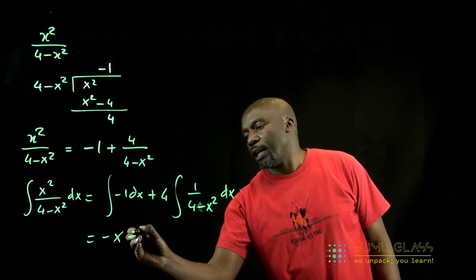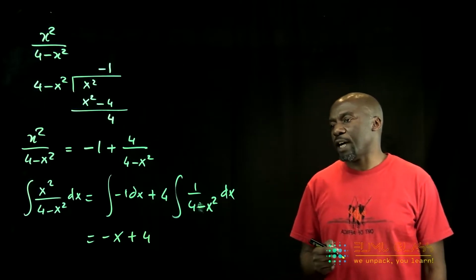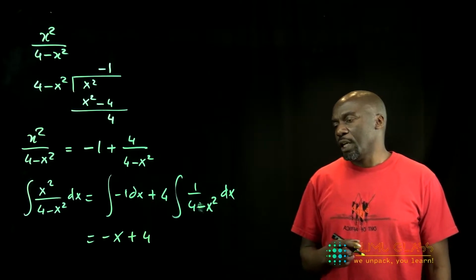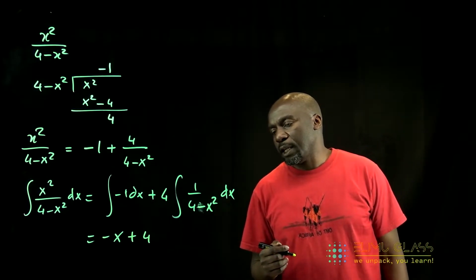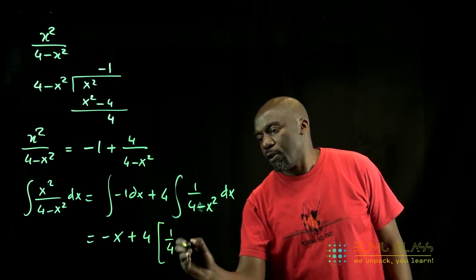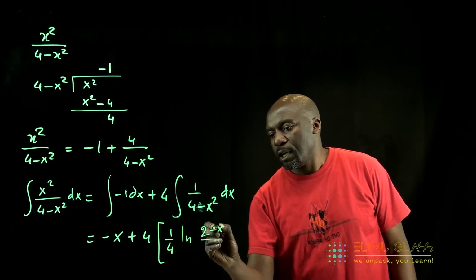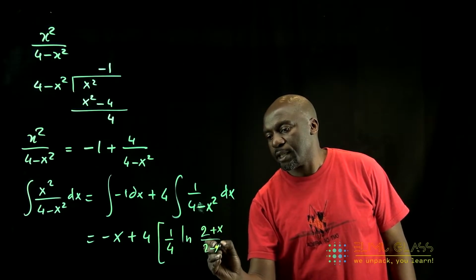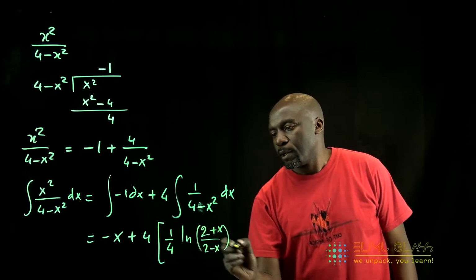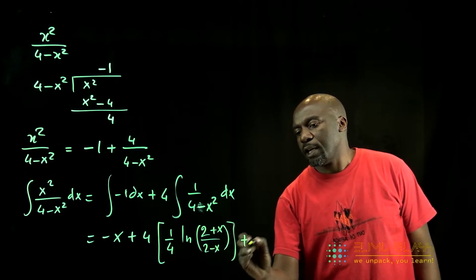And then we say plus 4 into this integral, which we've actually found earlier in the previous question. If I remember correctly, it was 1 over 4 ln of 2 plus x over 2 minus x, all right, like that, plus c, and then we can put all together plus c there.